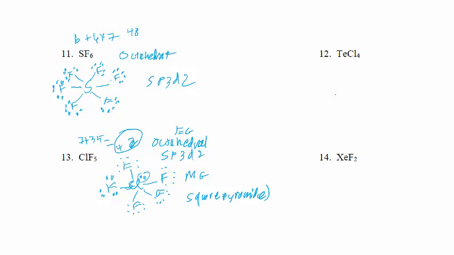So we would have 6 plus 4 plus essentially 28 equals 34. Tellurium, 1, 2, 3, 4 Cl, Cl, Cl, Cl.